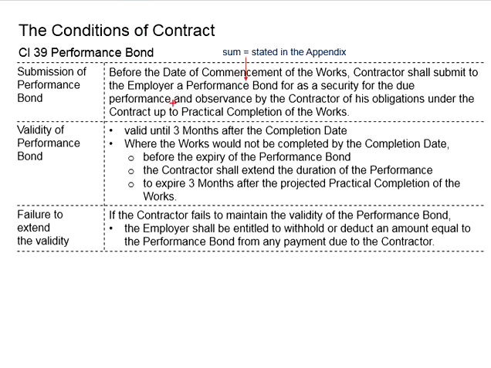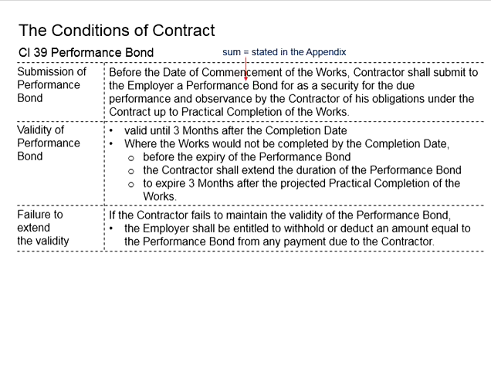With that, before the expiry of the performance bond, the contractor will have to extend the duration of the performance bond to expire 3 months after the projected practical completion of the work. The problem here is the contractor cannot complete the work on time.